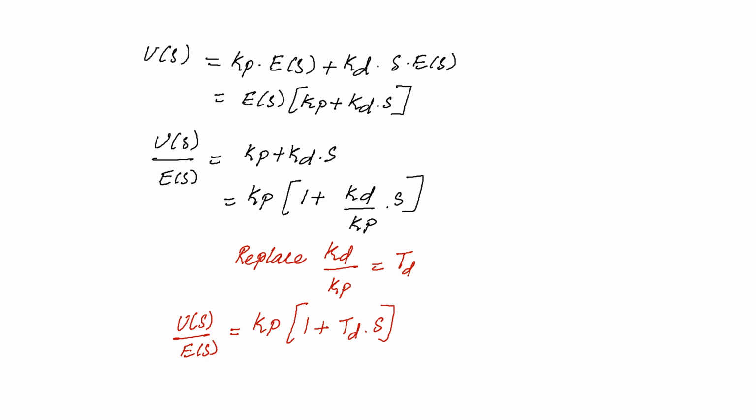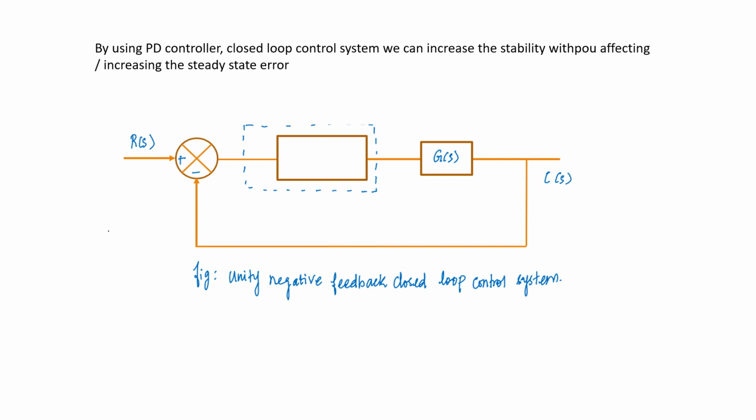So you are going to apply this Kp (1 plus Td dot s) in control systems. In the closed loop control system, it becomes Kp of (1 plus Td dot s), which is the product with the error signal E of s. This is the proportional derivative controller, and the output is U of s. This is nothing but the unity negative feedback closed loop control system.